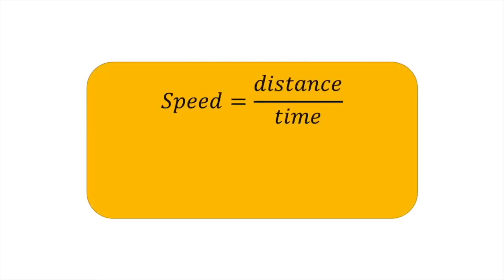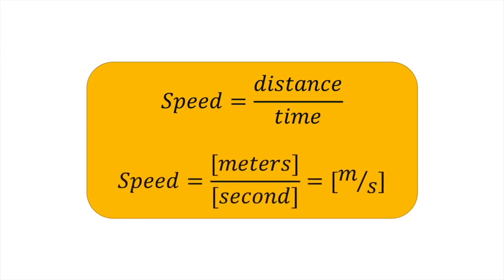For instance, following the equation speed is distance over time, we can figure out that the base unit for speed is meters divided by seconds, or meters per second. We will meet many more derived SI units as we continue our introductory physics journey, and we will derive those units in a similar manner.